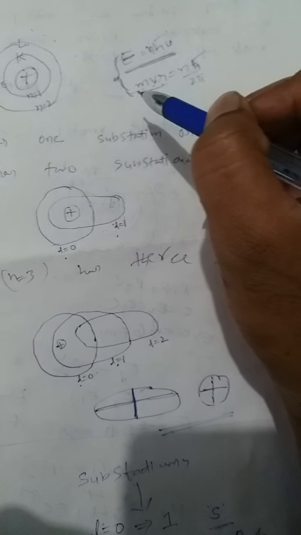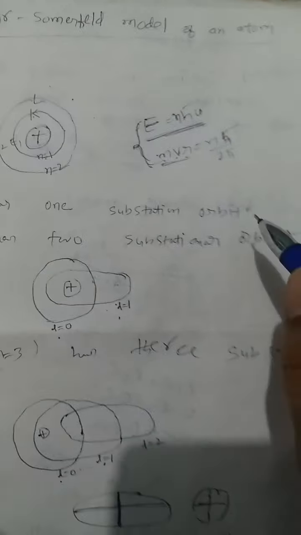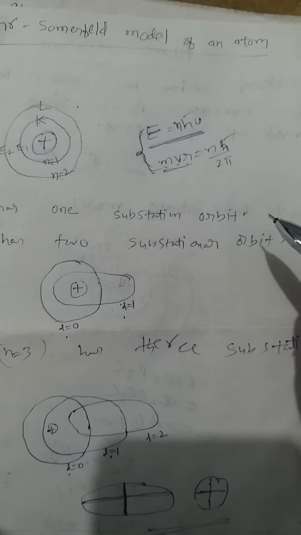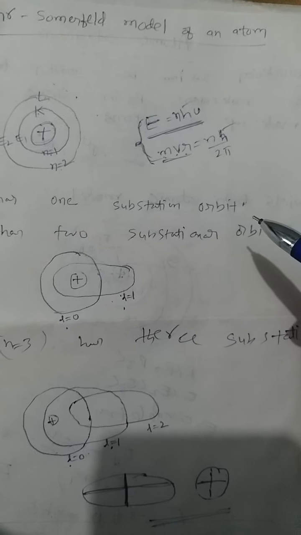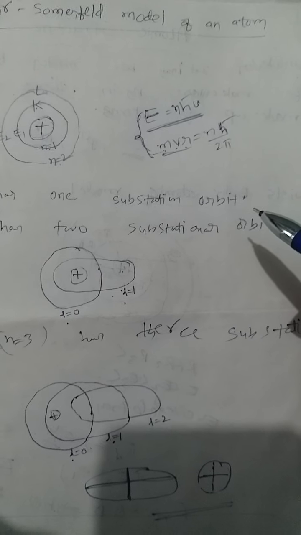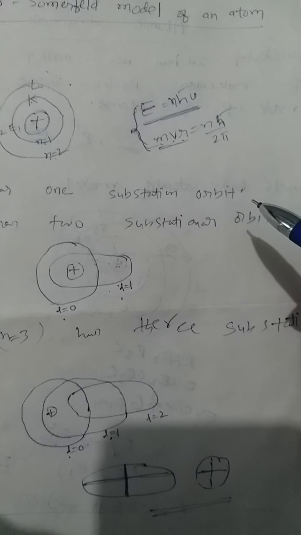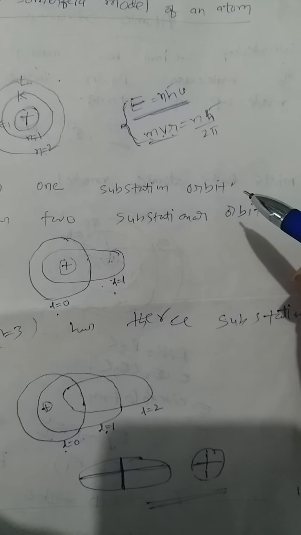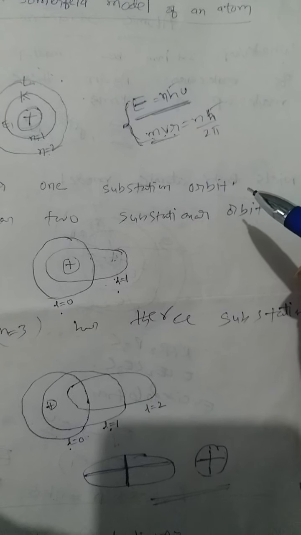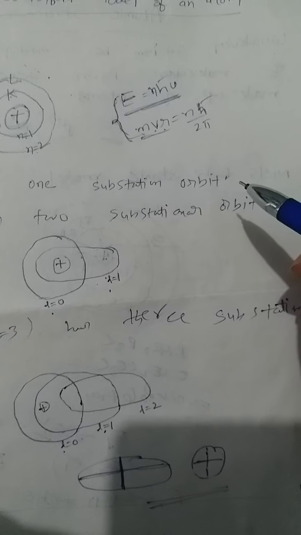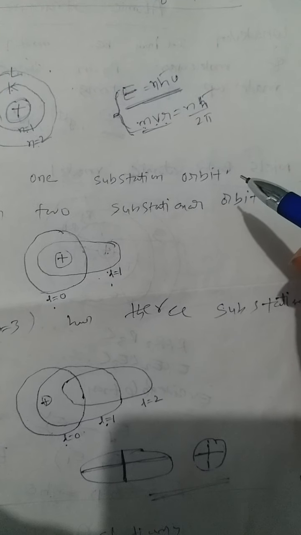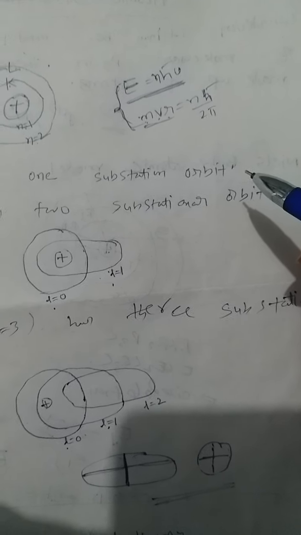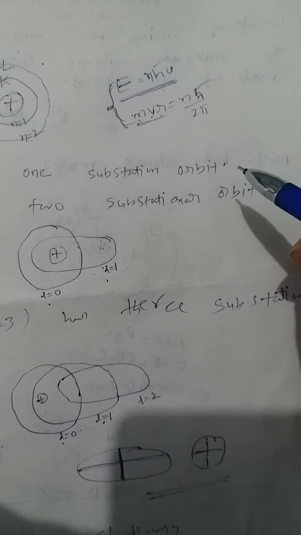Niels Bohr only explained the spectrum of species which have only one electron. Bohr could not give any explanation for the spectrum of polyatomic species, and he could not account for the Zeeman effect and Stark effect.